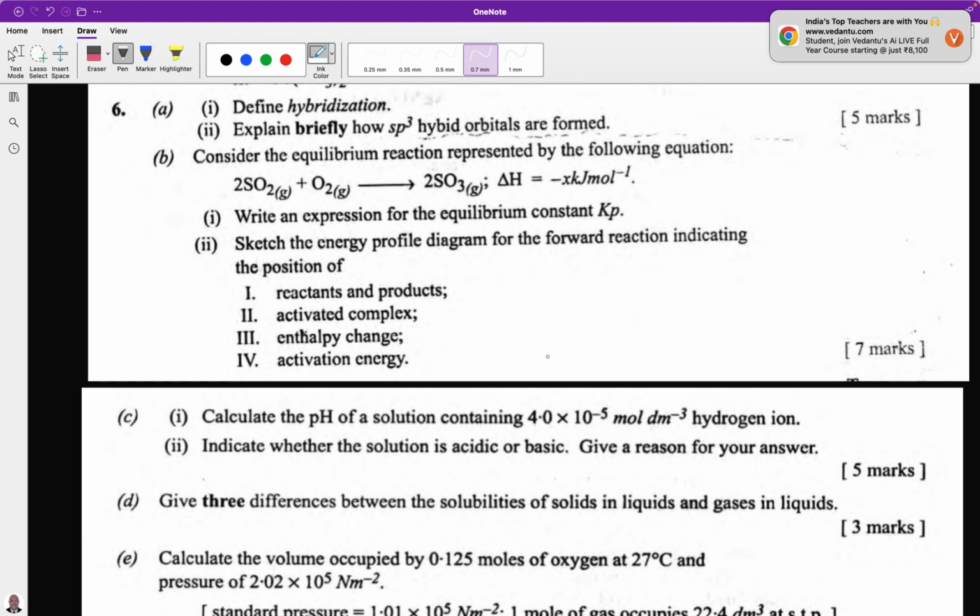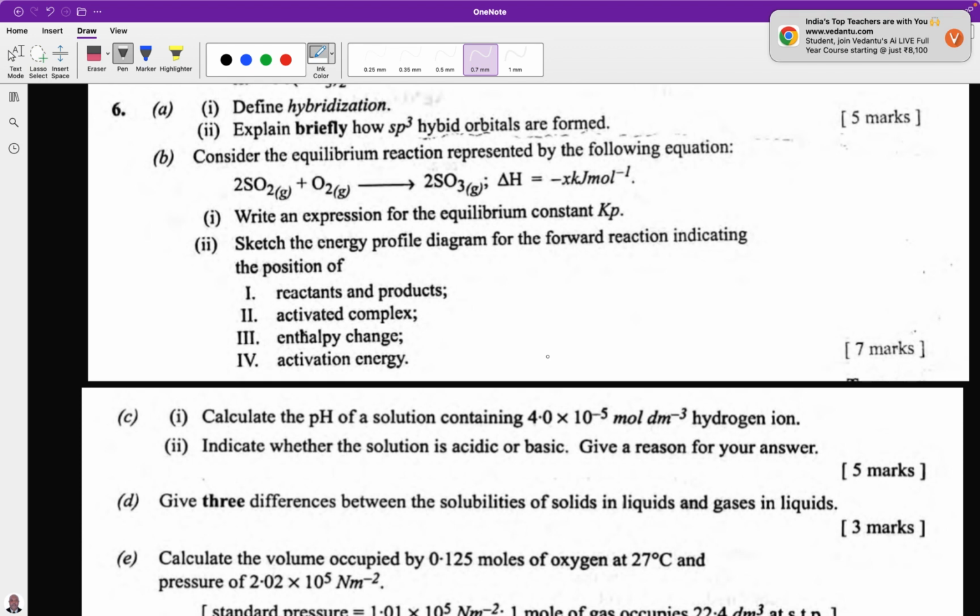Hybridization is the mixing of atomic orbitals to produce a new set of hybrid orbitals of equivalent energies. Once more, hybridization is the mixing of atomic orbitals to produce a new set of hybrid orbitals of equivalent energies. Simple.